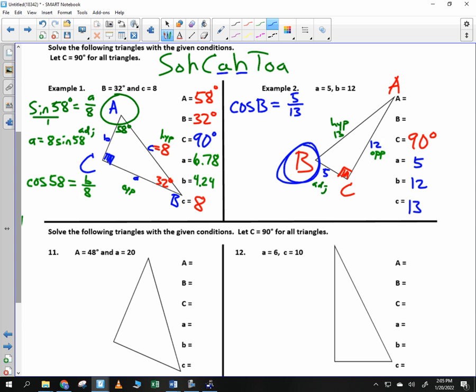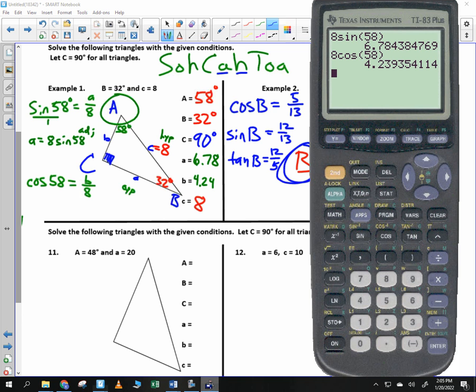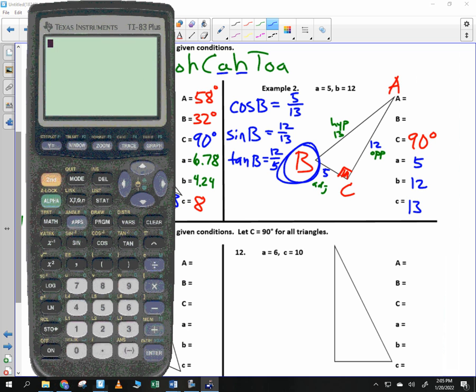If you chose sine, you could do sine of B equals 12 over 13. You could use tangent of B equals 12 over 5. Or you could have done angle A and you would have come up with similar things as well. You'd have 6 options. Doesn't matter which one you try. We'll do the cosine one because that's what Marissa said, and she's extremely intelligent.